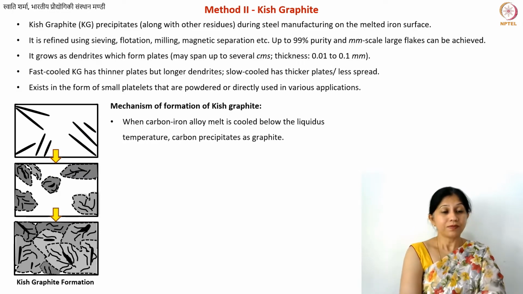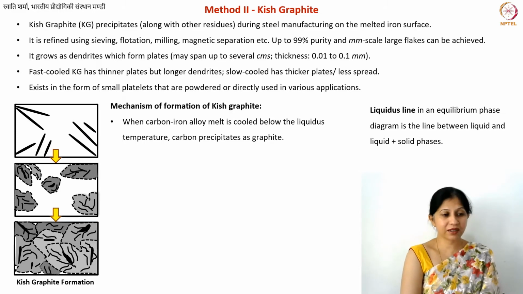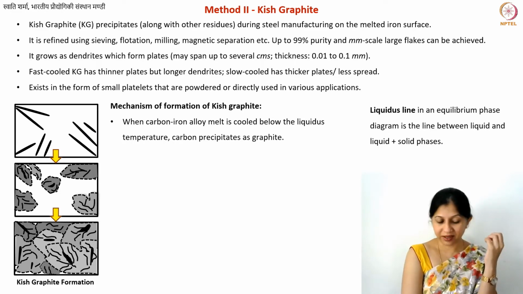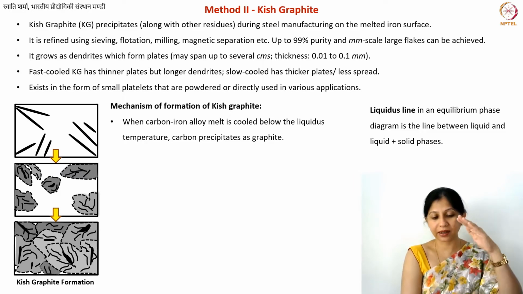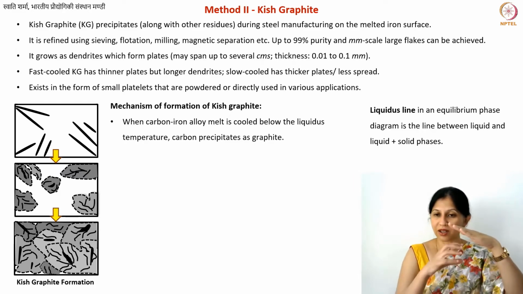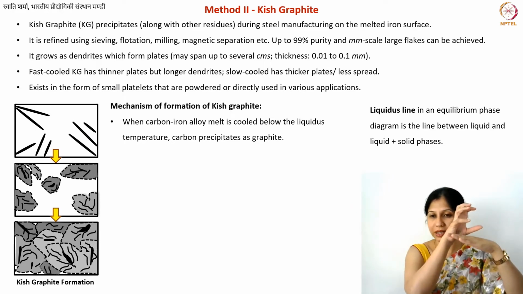Okay, now in terms of the phase diagram, we discussed the phase diagram of elemental carbon. For us, what was more important were the graphite and diamond phases, and we did not discuss so much about the solidus and liquidus lines. But if you have learnt the iron-carbon phase diagram before, you know that the liquidus line is the line between the solid plus liquid state and the completely liquid state.